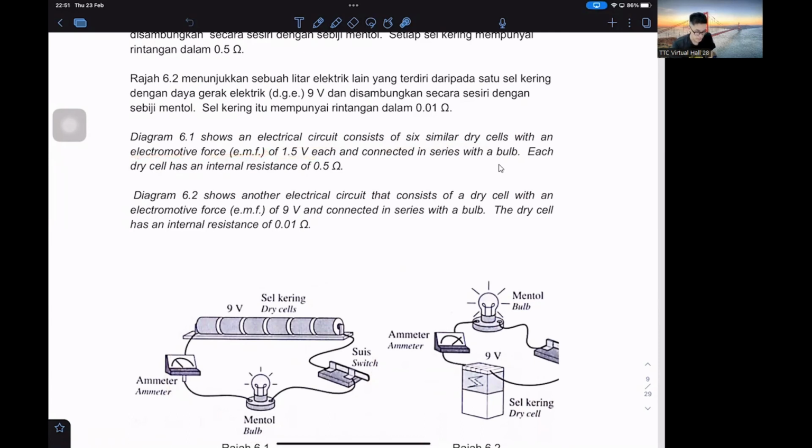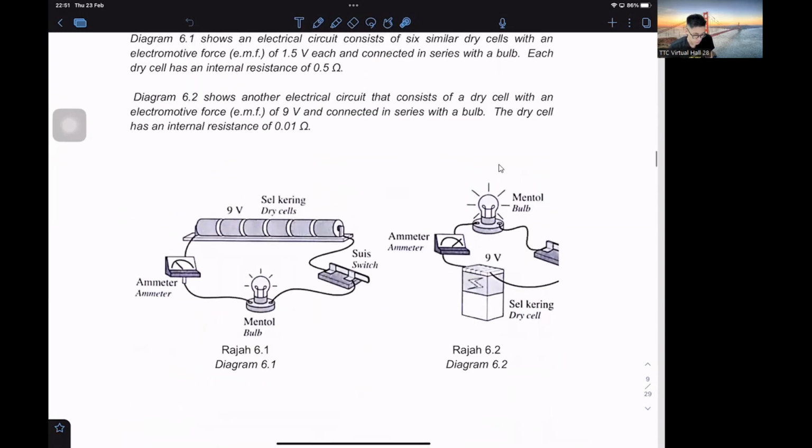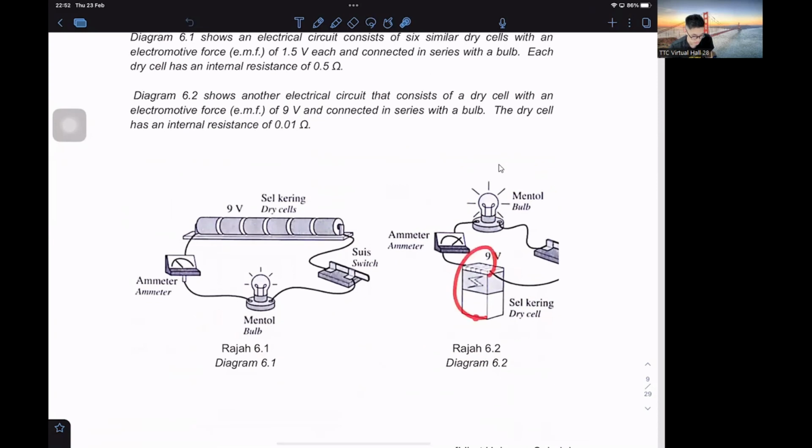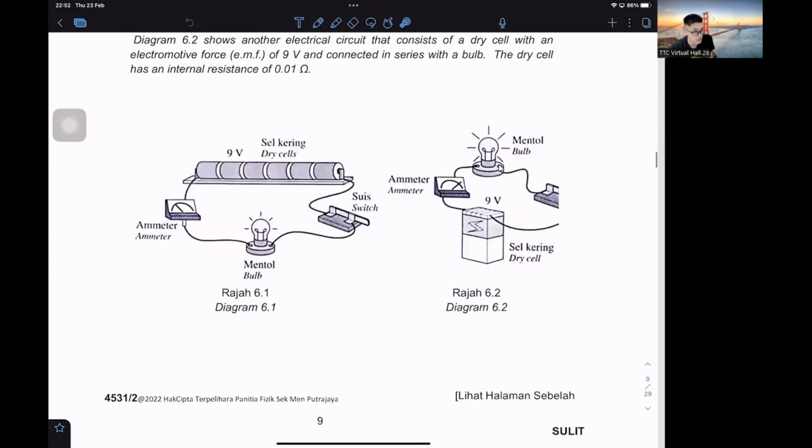So when you connect them in series, their voltage or their EMF will add up together to become 9 volts. 1.5 times 6, 9 volts. Each of them has an internal resistance of 0.5 ohms. Diagram 6.2 here is another electrical circuit, and this one has one dry cell, that is 9 volts, and the dry cell has an internal resistance of 0.01 ohms.